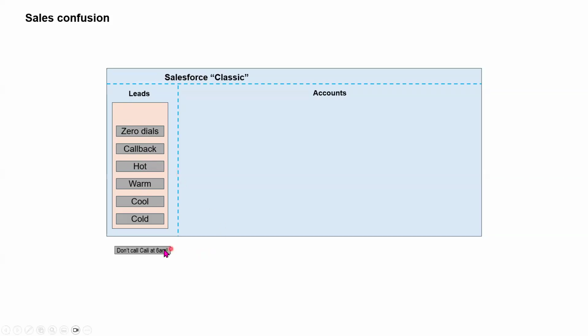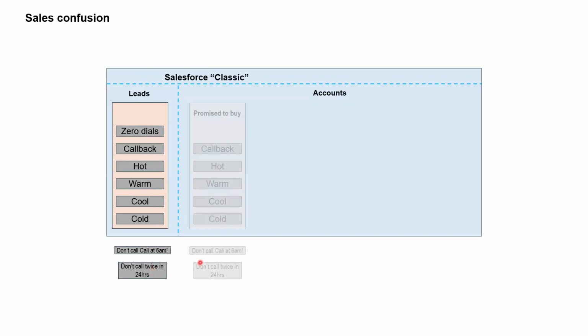So in addition, she also has to take into account these considerations. We're in Boston, so she doesn't want to call California at 9 a.m. our time and wake them up at 6 a.m. And finally, she doesn't want to call people twice in 24 hours. So if she already dialed them once, she doesn't really have a way to indicate that other than putting in manual notes. So now every time she has to look at the manual notes.